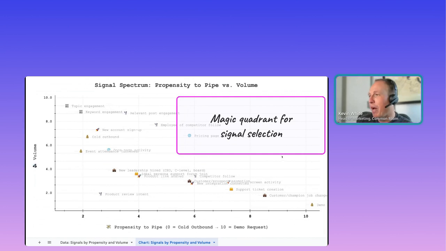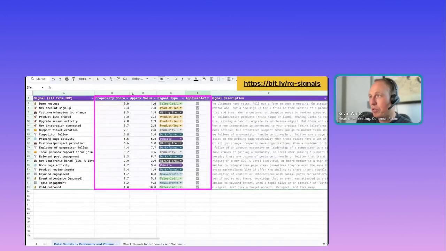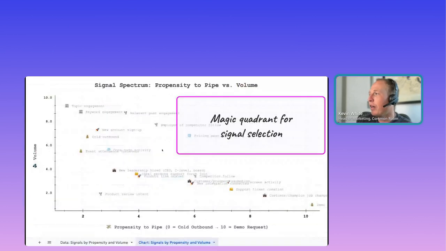And if you map your signals according to these two, propensity score and volume, you'll start to see the signals that you maybe want to get started with right here. Anything in this top right quadrant is probably your best bet, where there's an outsized volume to conversion rate score. And so this is a nice heuristic for how to prioritize what signals to get started with.